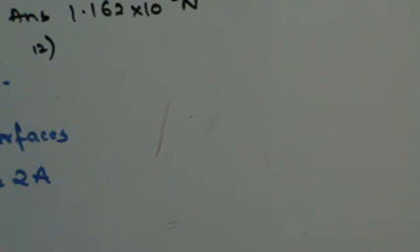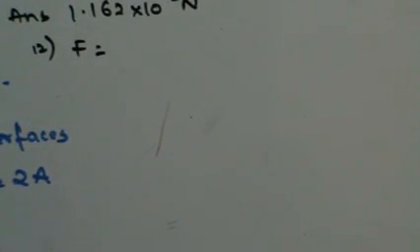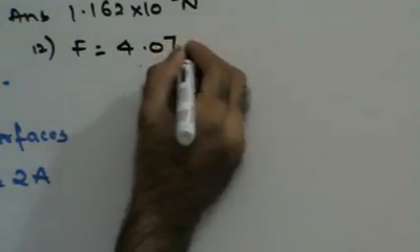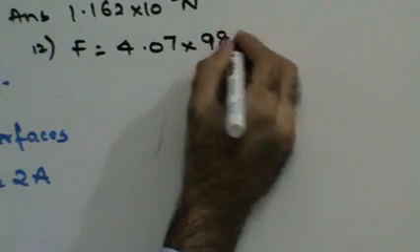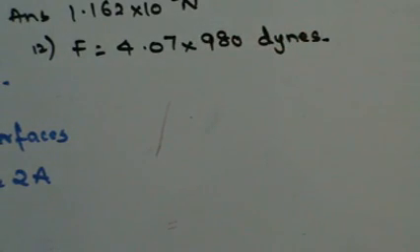The pull required is 4.07 grams more before the film breaks. Calculate the surface tension.